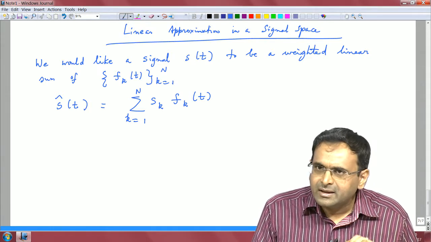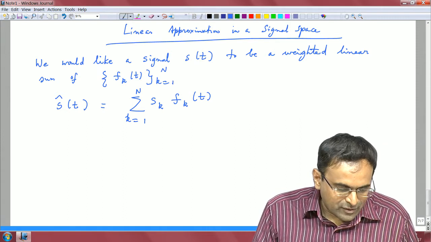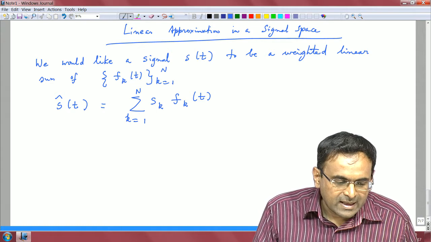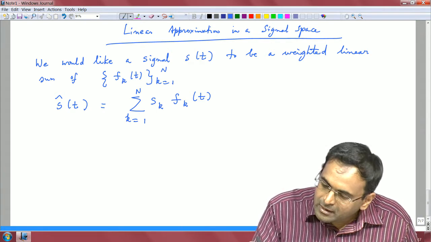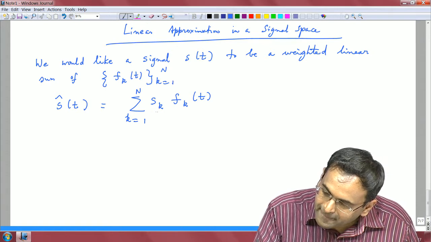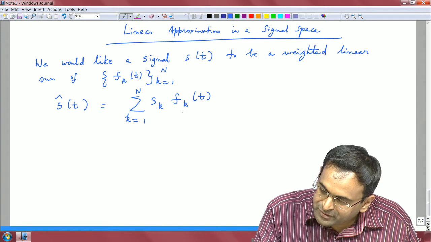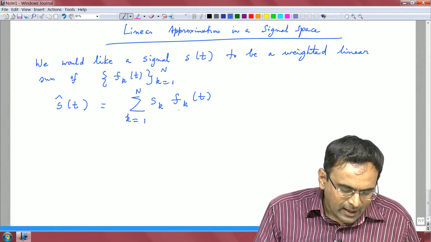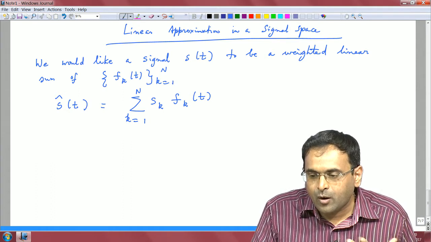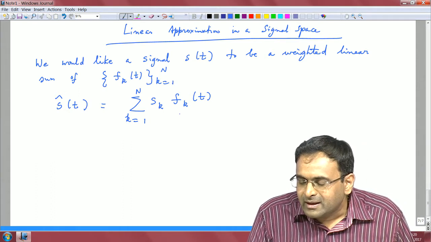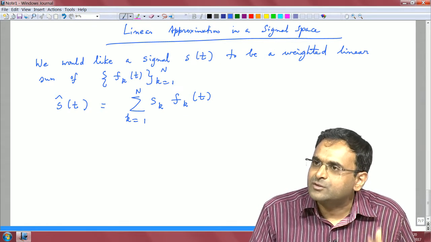So, we will see this as a minimization of a square error procedure to compute these coefficients Sk which appear before the basis Fk of t, and the second question is basically how do we generate Fk of t given a set of signals S1, S2, S3, S4, so on.